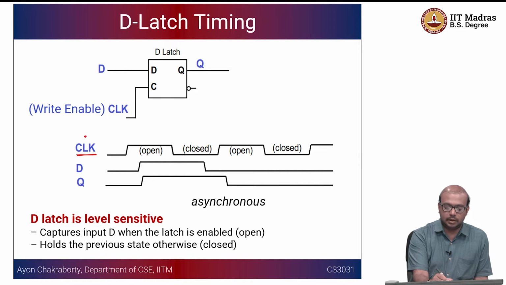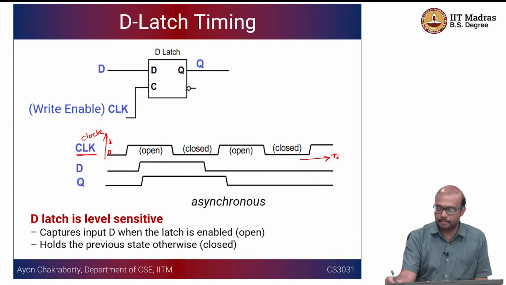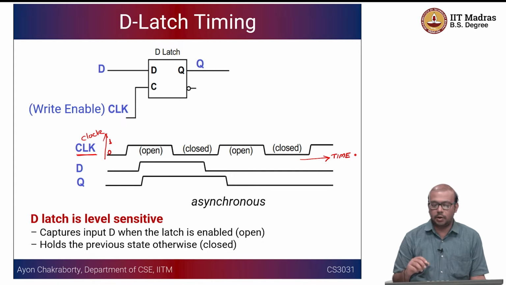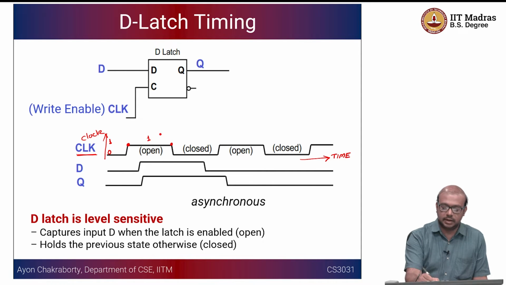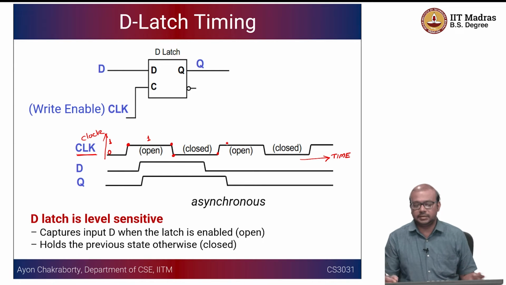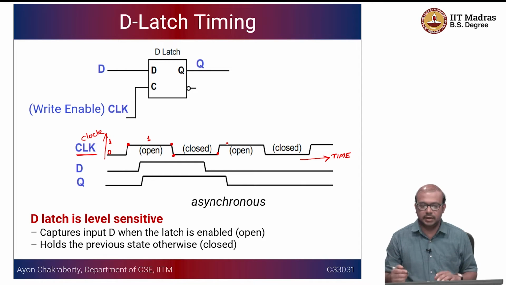This is your clock input, this is the amplitude, this is logic 1 and this is logic 0, and the x-axis denotes time. As time flows, the clock input goes from 0 to 1, stays temporarily at 1, and then again comes down to 0. We have discussed all these things in previous classes, where we talked about duty cycle, frequency, time period, and so on.